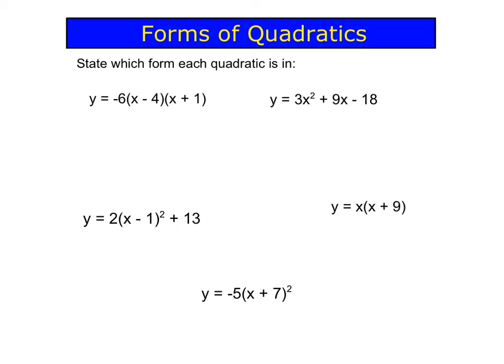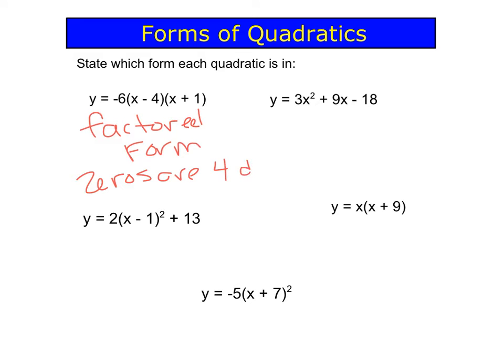Okay, so let's try them. First one is in factored form. And the zeros, or the x-intercepts, are 4 and -1. Remember, they're opposite of what they look like in the bracket. Okay, the second one is in standard form.